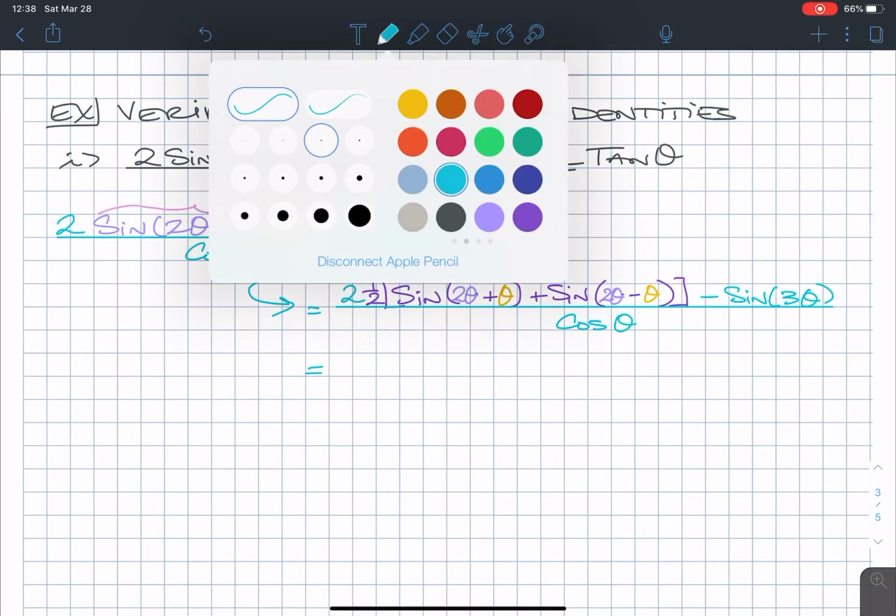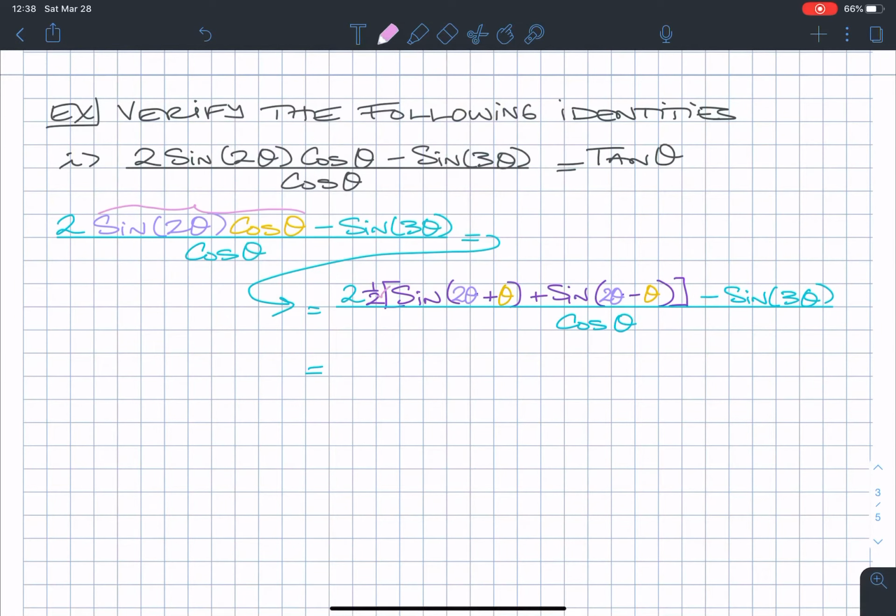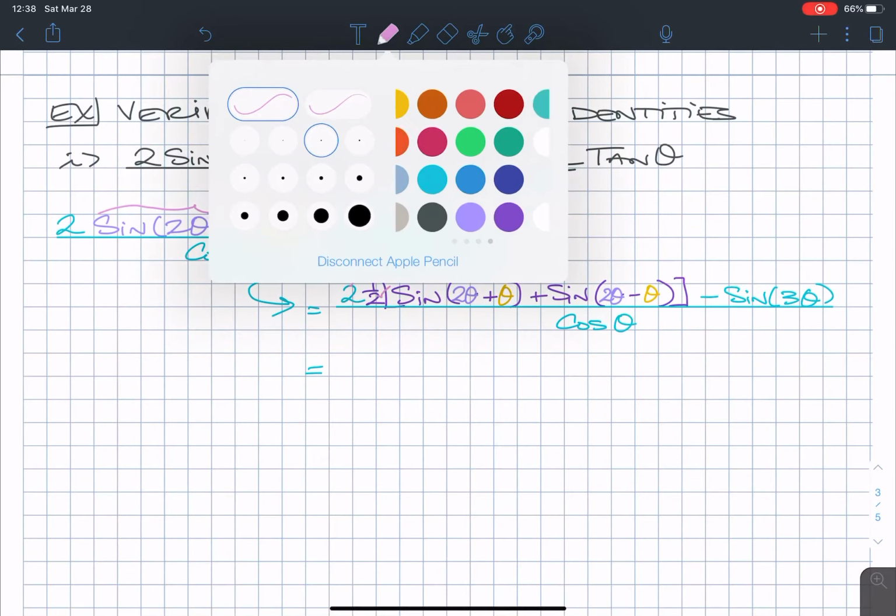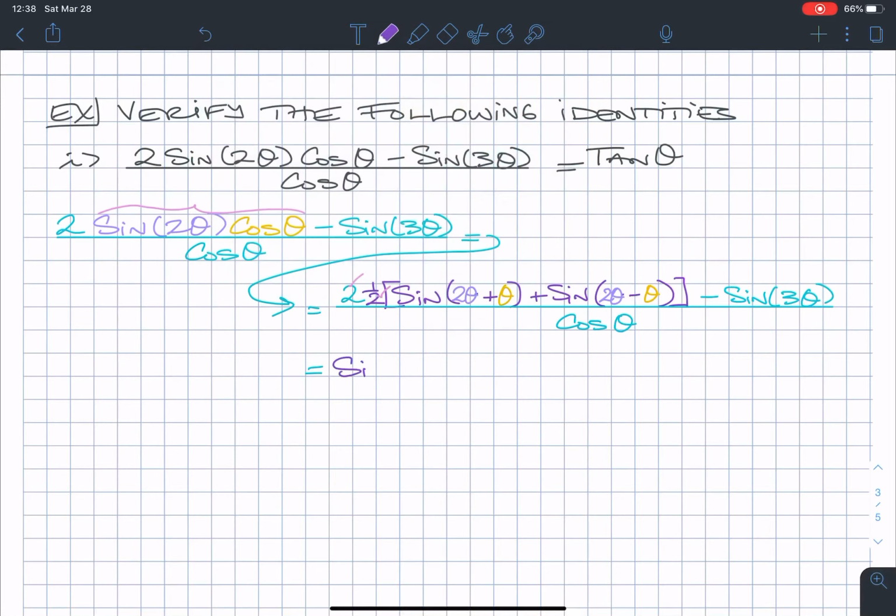The 2's reduce, so I end up with sine of 3 theta plus sine of theta, from which I'm subtracting sine of 3 theta, and dividing the whole thing by cosine theta.